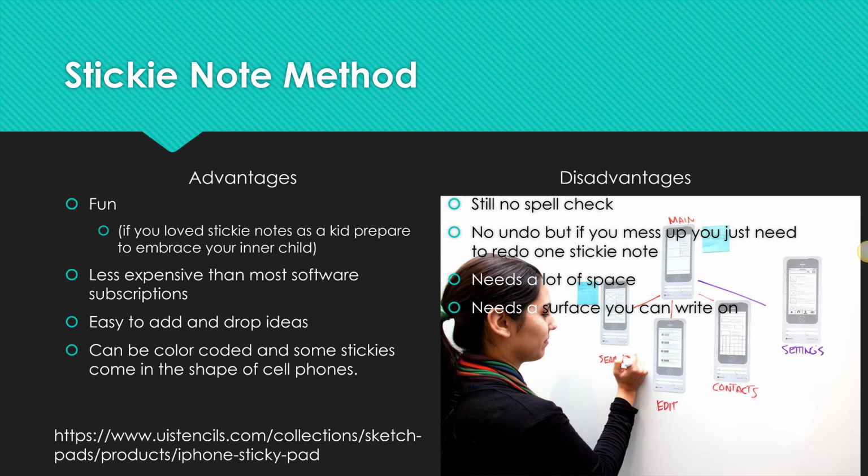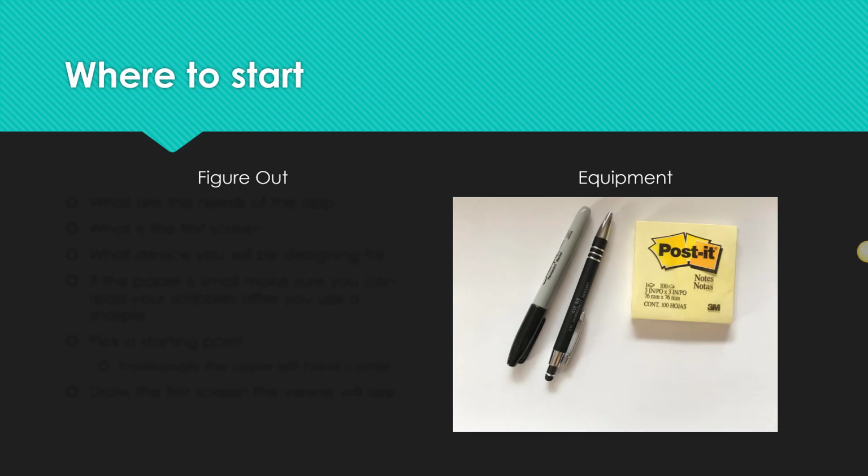And the surface that you stick the sticky notes on should be something that you can write on, which is why a wall painted with some sort of paint that makes it like a whiteboard is a pretty cool idea too.